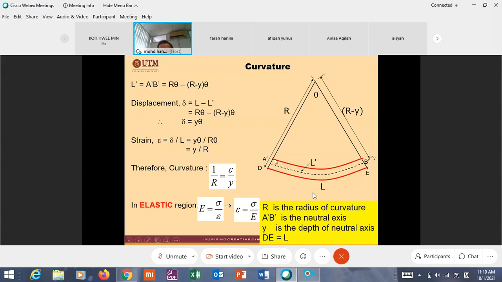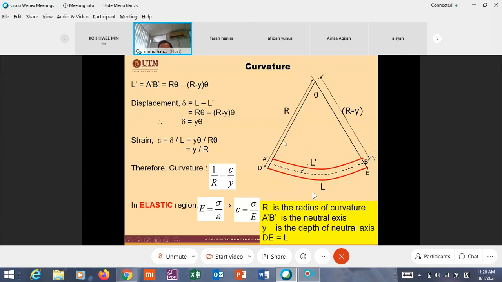What will change is the internal layer here and the external layer. This one will change to shorter. This one will change to longer than the centroidal center line. This is easy to understand.